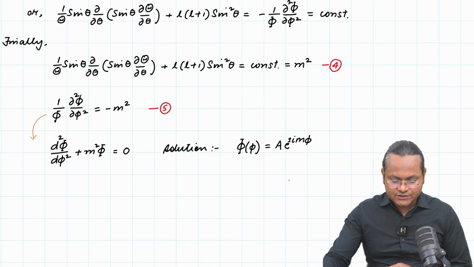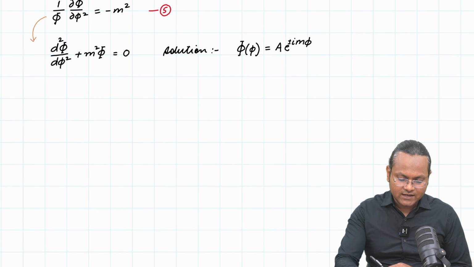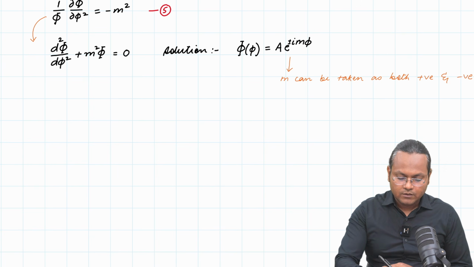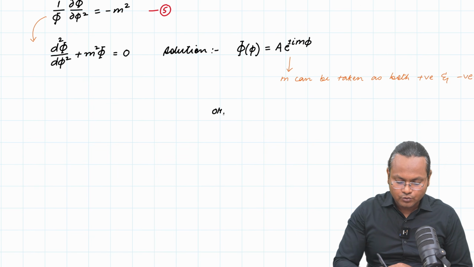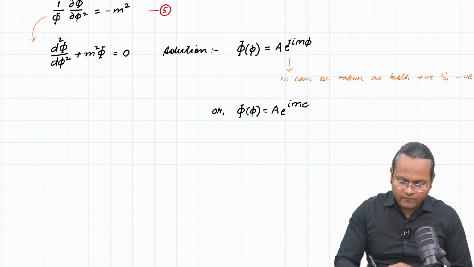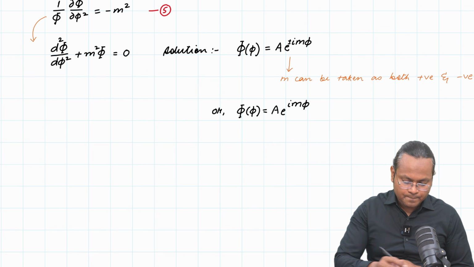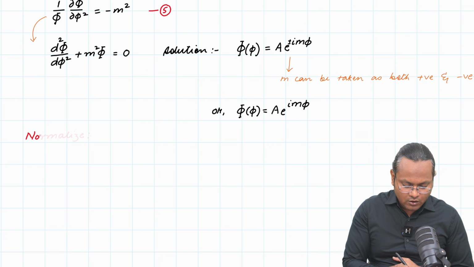So if we assume that the constant m can take both positive and negative values, then we can simply absorb the positive negative sign to write that the solution phi equals a e to the power iota m phi. That's it. Of course, we can normalize here to get the value of the constant.